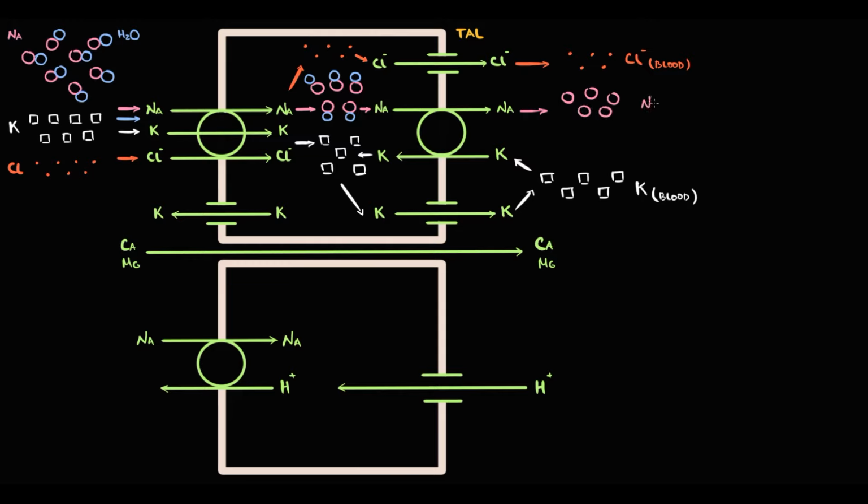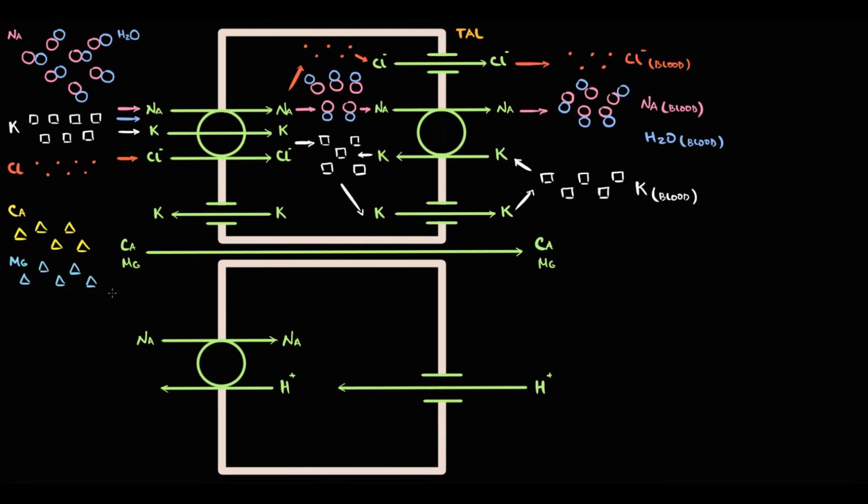And because water molecules move together with sodium, by this pump the ascending limb also provides reabsorption of water molecules. In addition to these three ions, fluid that enters the ascending limb has some amount of calcium and magnesium, but we cannot reabsorb them directly.